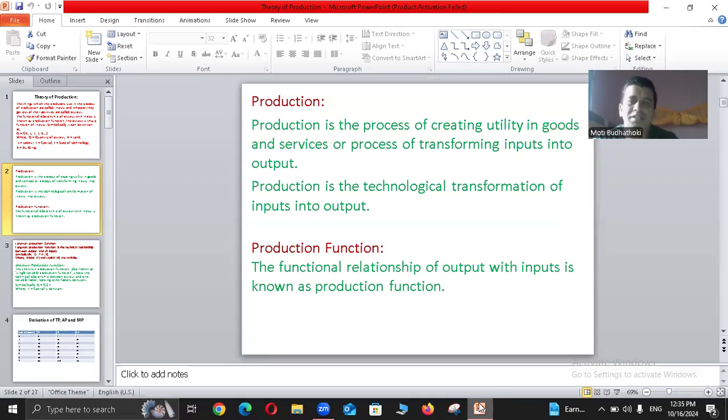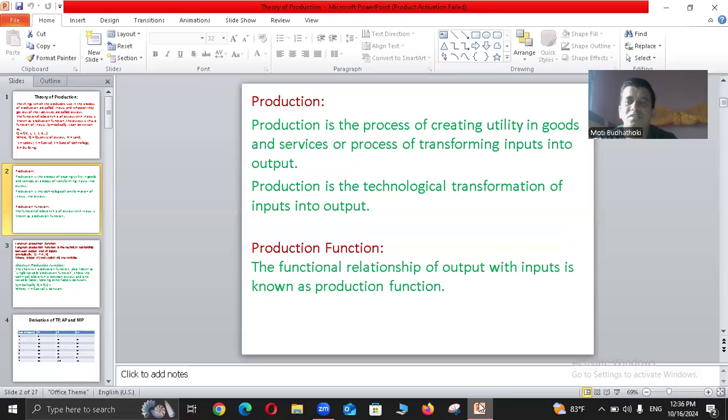If we get utility in any type of goods and services, we can easily say it is production.